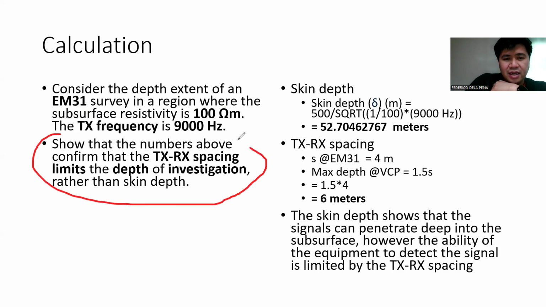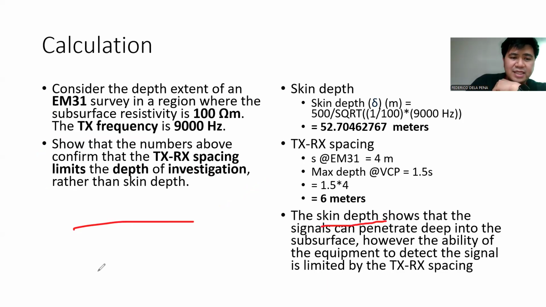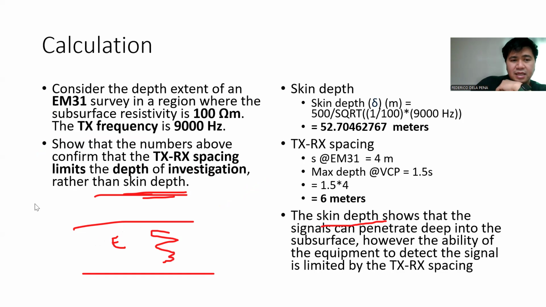So in here, we have to show that the receiver spacing is more important than the skin depth for the purposes of determining the depth of investigation. So again, earlier we discussed that skin depth is the depth penetrated by the EM signals. Okay? Skin depth is all about the signals penetrating the subsurface.